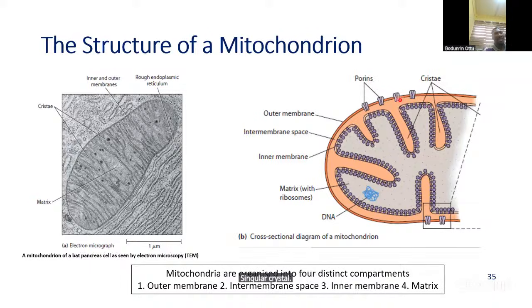And like I said earlier, on the outer mitochondrial membrane, you can have porins, which are integral membrane proteins, but they are beta barrel sheets that are folded into a pore. And that's why they are called porins. Okay, so those are the 4 major parts of the mitochondria.